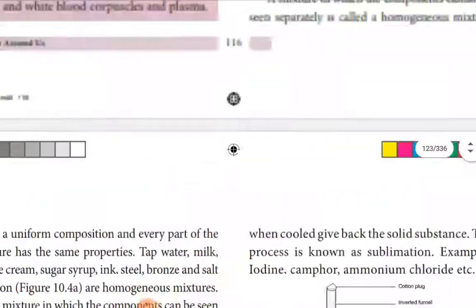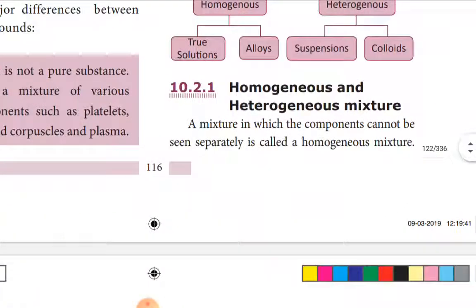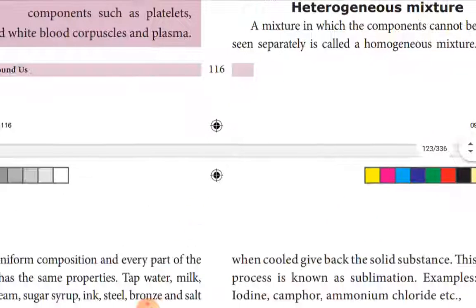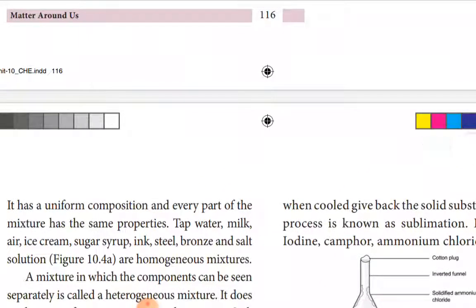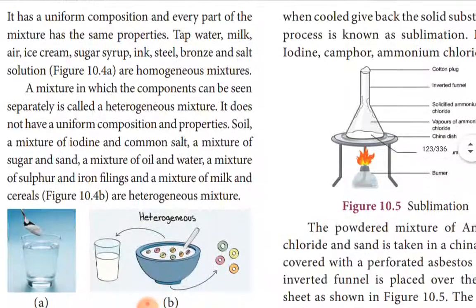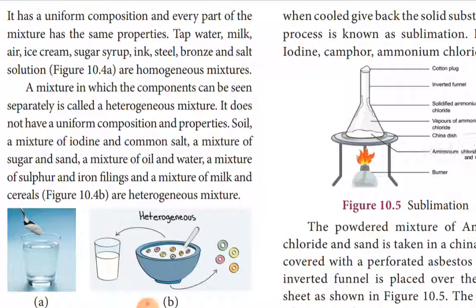Homogeneous means the components cannot be easily seen through our naked eye. Example, a solution of sodium chloride, tap water. In heterogeneous mixtures, the components can be easily seen through our naked eye and easily separated using physical methods. Example, the mixture of sulfur powder and iron powder, the mixture of milk and cereal.